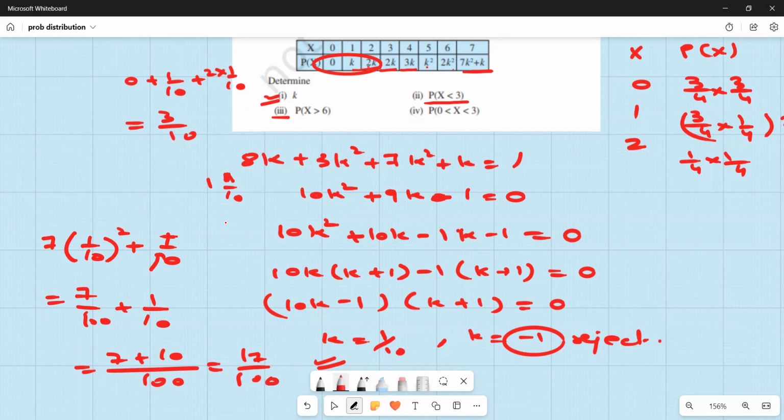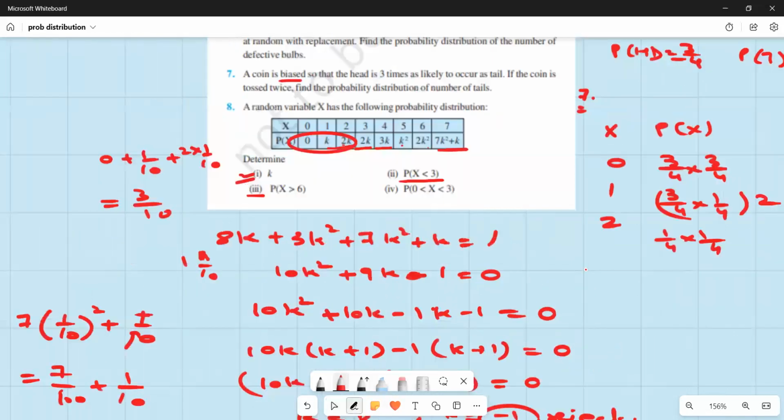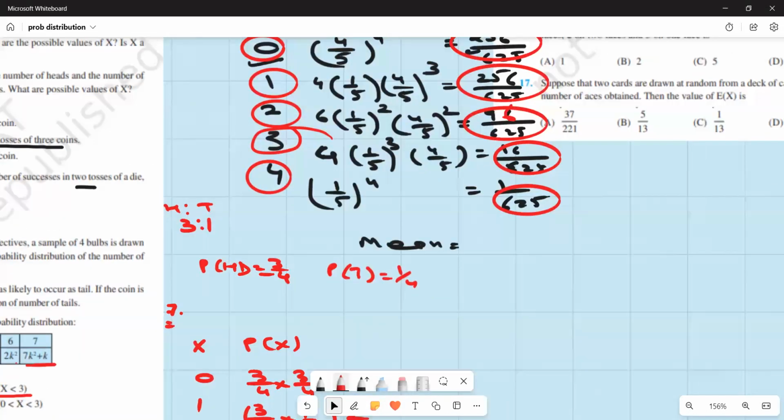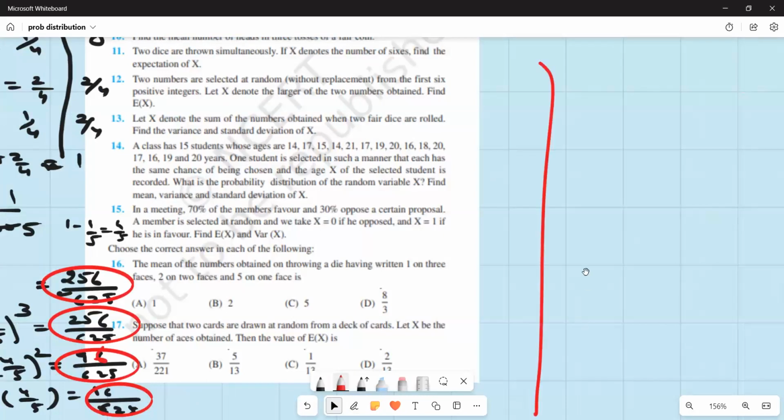Clear? Next, between 0 and 3 means only 1 and 2. Right? Isn't it same as this 3 by 10? Because this was already 0. So in the first case, it is same only. Clear? Now come to the next part.